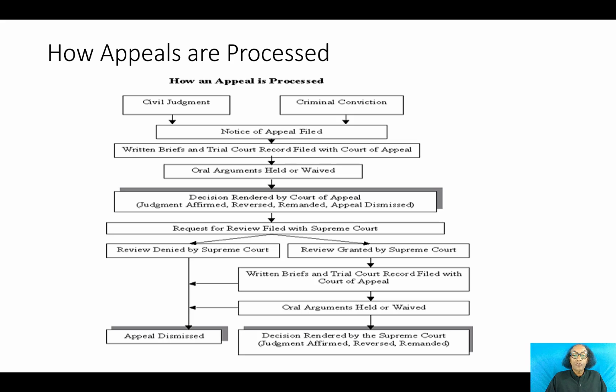And if that notice is not filed, then the appeal is forfeited. That's jurisdictional, which means that if you never let the appeals court know that you're going to file, and suddenly after the time has passed you appeal, it's not going to work. But once the notice of appeal is filed, usually instructions are given by the Court of Appeal to file briefs.